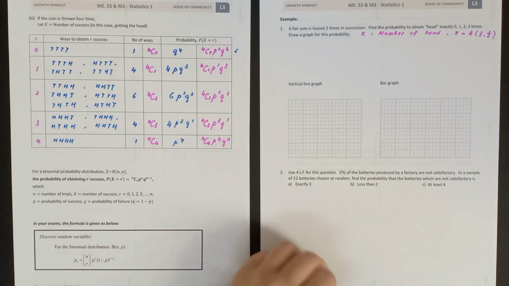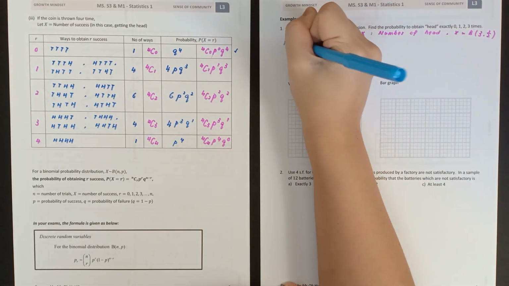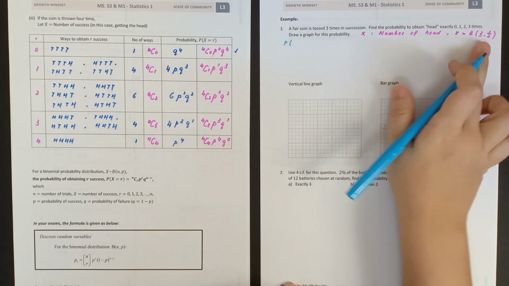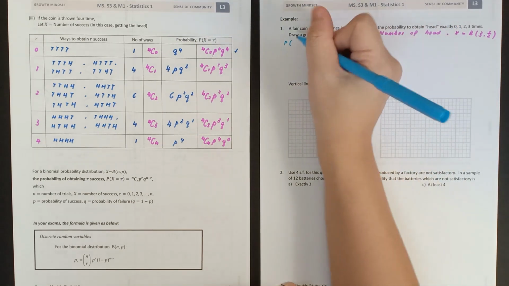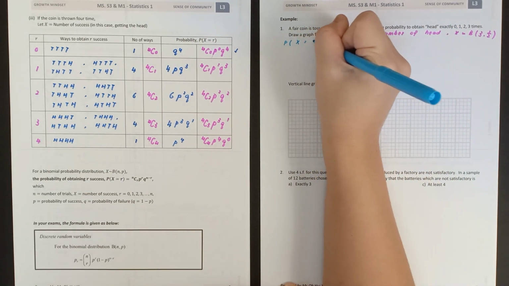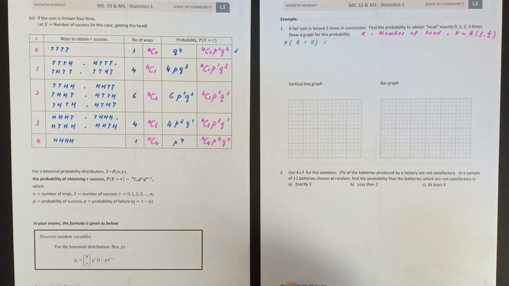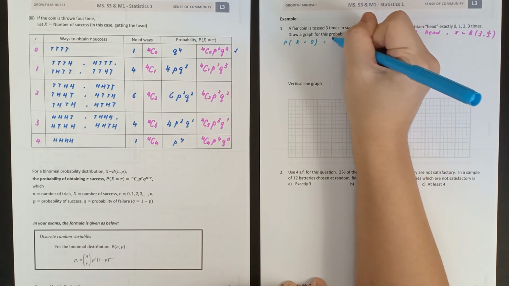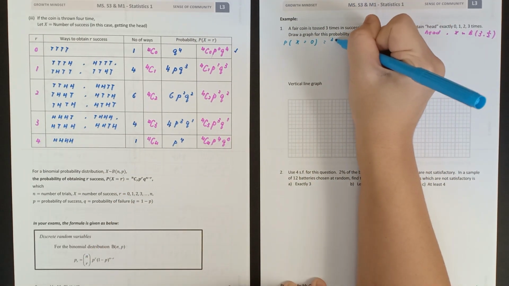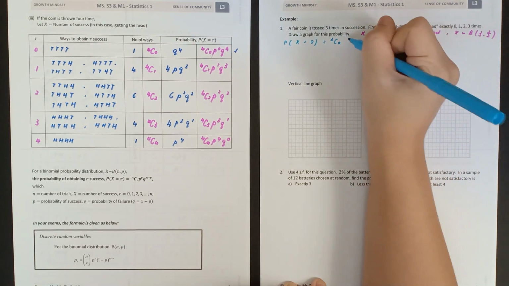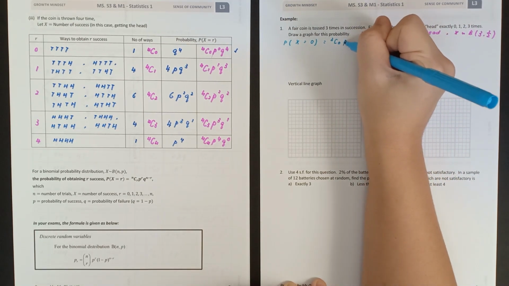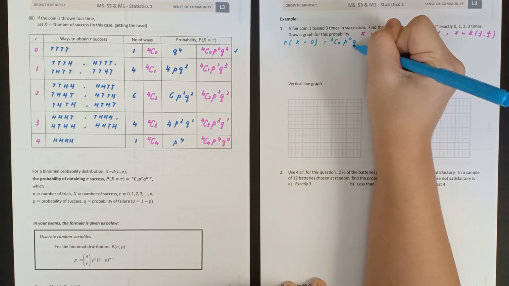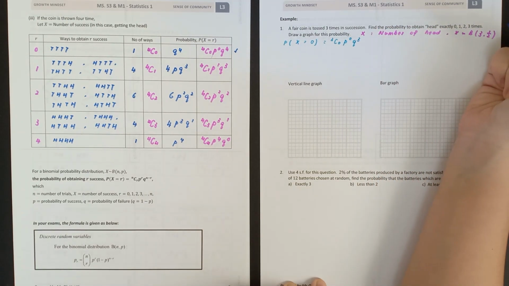Now we try to find the probability for X, the number of heads, equals to 0 first. X equals 0, so we use the formula nCr. Your n here is 3. So you do 3 trials, and you expect to get 0 successes, so the power for p is 0, and the power for q will be 3.